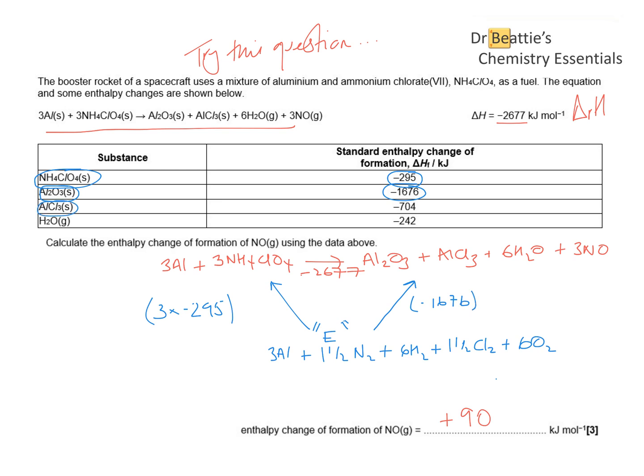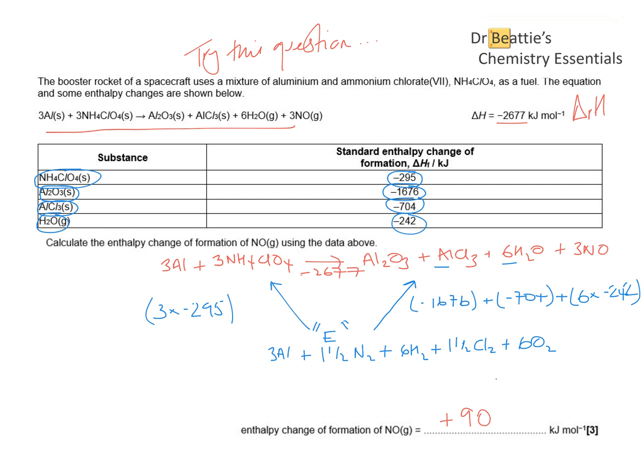Aluminium trichloride, again, there's only 1 mole of it here, so we're going to add minus 704 to this side. Then we've also got the waters here. We've got 6 waters, so we're going to put plus 6 times the minus 242 for that.